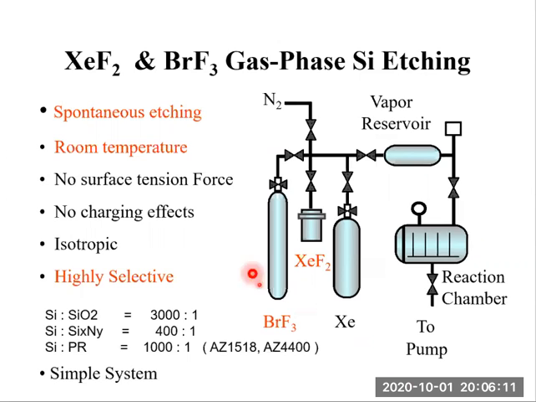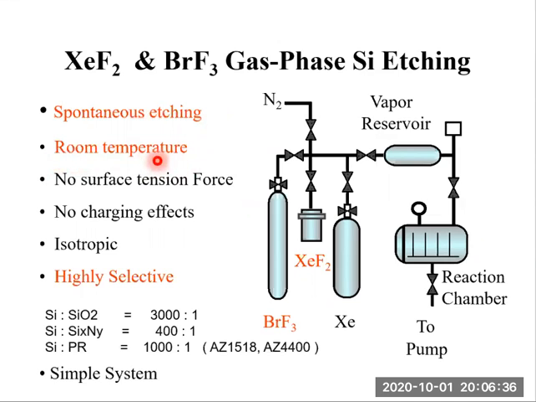And this is a non-plasma based dry etching: xenon difluoride and bromine trifluoride gas-based silicon etching. Please note that this is a spontaneous etching. It does not need plasma, or any external energy, and the etching occurs at room temperature.